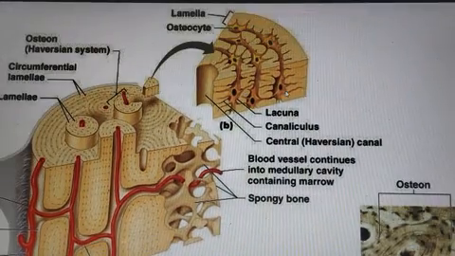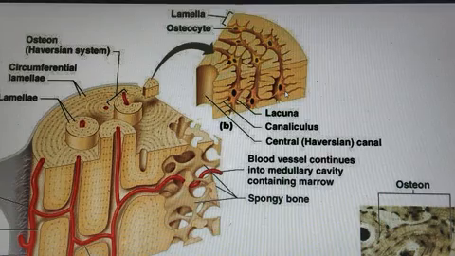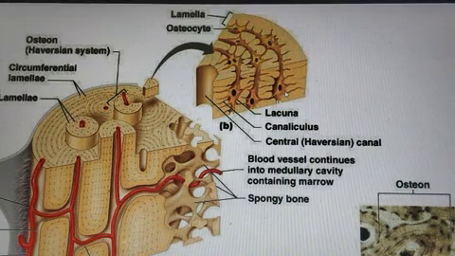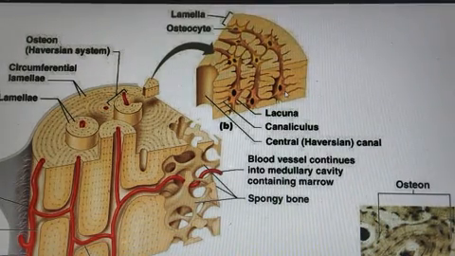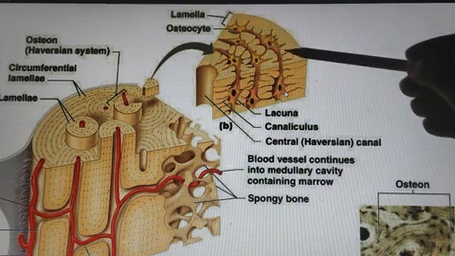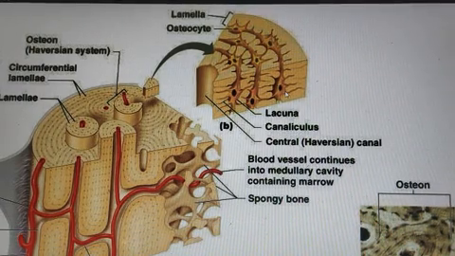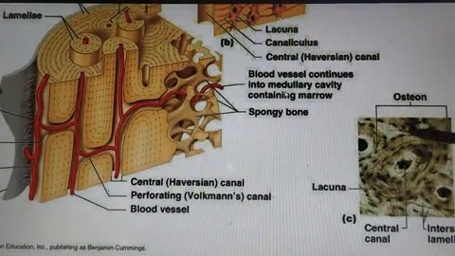Inside the lamellae, the bone cells are present. What is the name of the bone cell? The bone cell is called osteocyte and osteoblast. So the lacunae is the cavity, and inside this region, this one is the osteoblast or osteocyte.